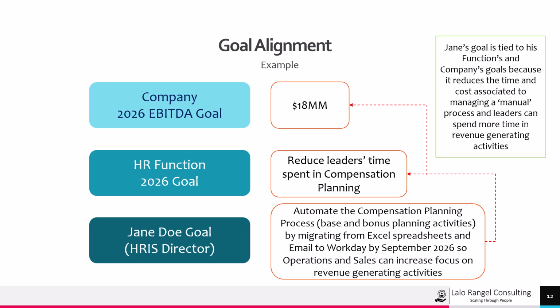In this case, the goal for the HRIS director is to automate the compensation planning process, again, for 100% of the base and bonus planning activities by migrating from Excel spreadsheets and email to Workday by September 2026, so that the operations and sales teams can increase their focus on revenue generating activities.